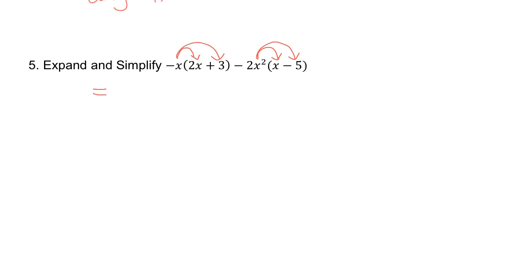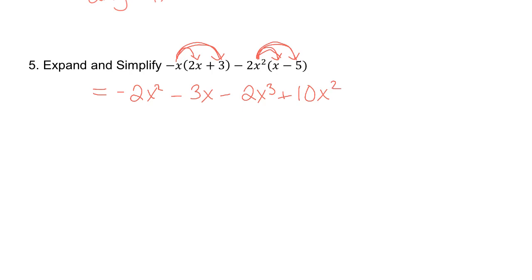So this first one, we're going to have negative 2x squared when I multiply negative x times 2x, and then I have minus 3x when I multiply this negative x with a 3. Then I have negative 2x squared times x, so that's negative 2x cubed. And then I have negative 2x squared times negative 5, so I get positive 10x squared.